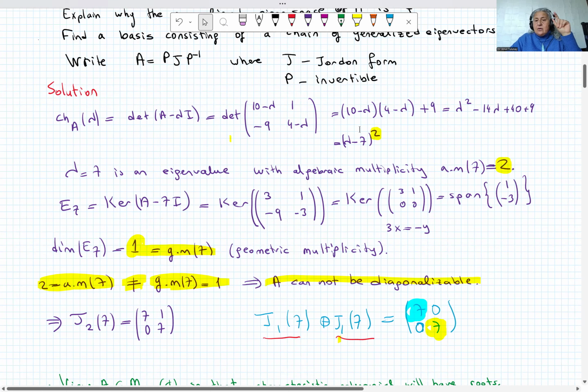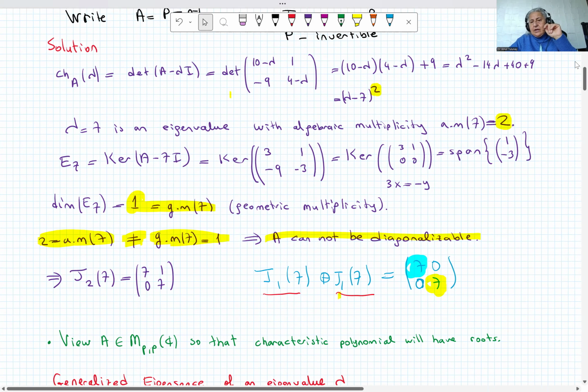If it were diagonalizable, then your Jordan form would be in this format. If we found two basis vectors in this kernel space, everything would work out perfectly fine. We would have this Jordan form with two basis vectors appearing here, which would give us the P matrix.